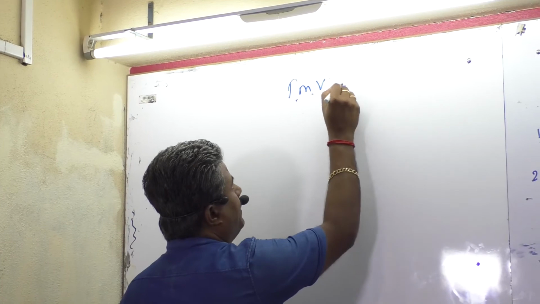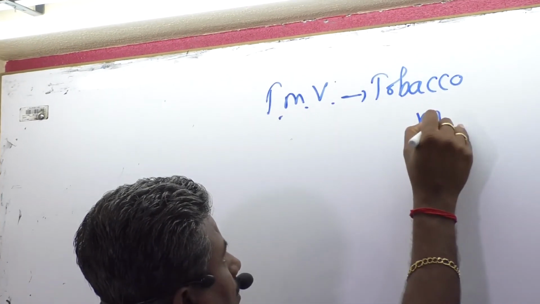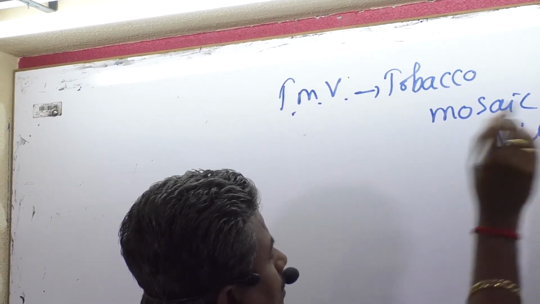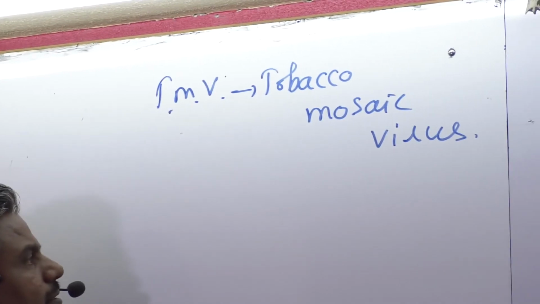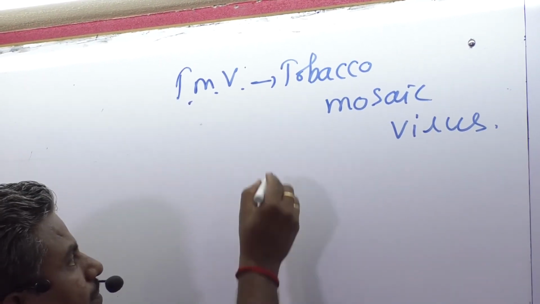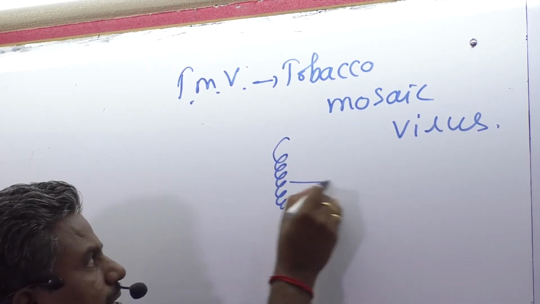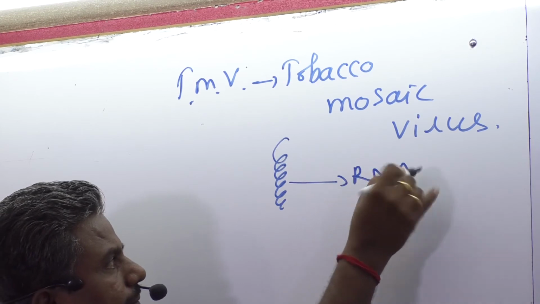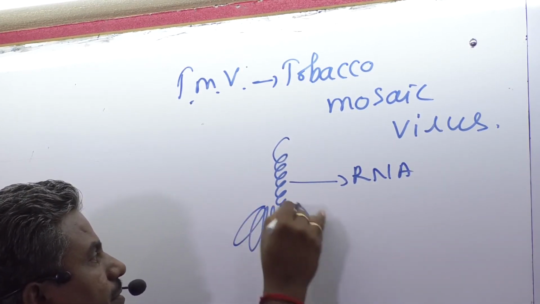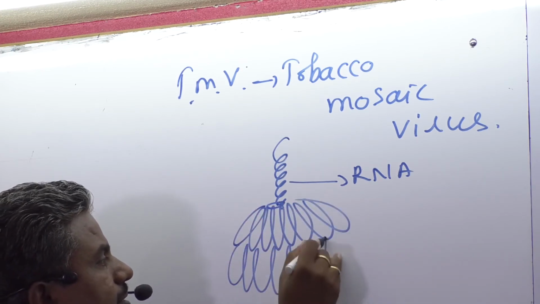TMV means tobacco mosaic virus. It's a plant virus. Very simple diagram. One nucleic acid. What is this? RNA. And many layers of protein sheet like this.